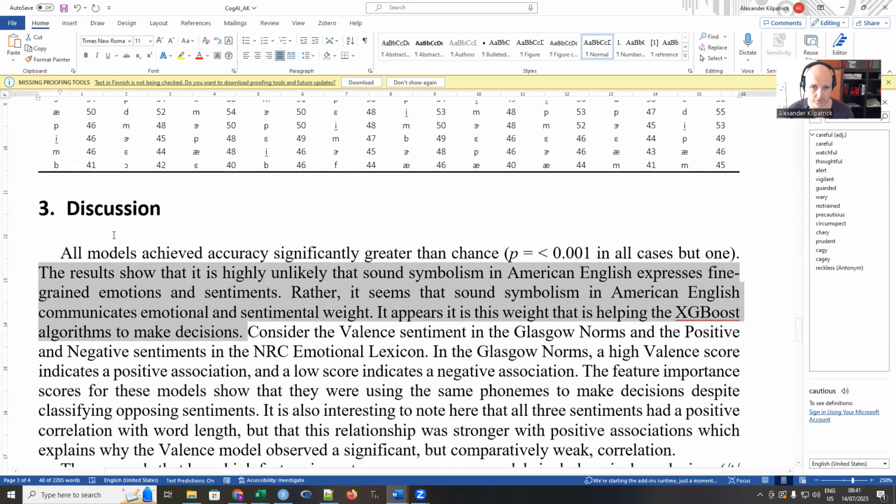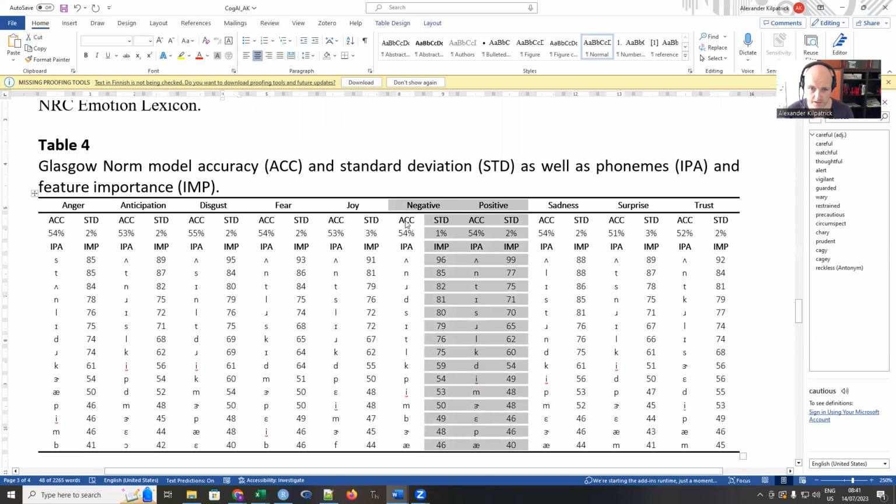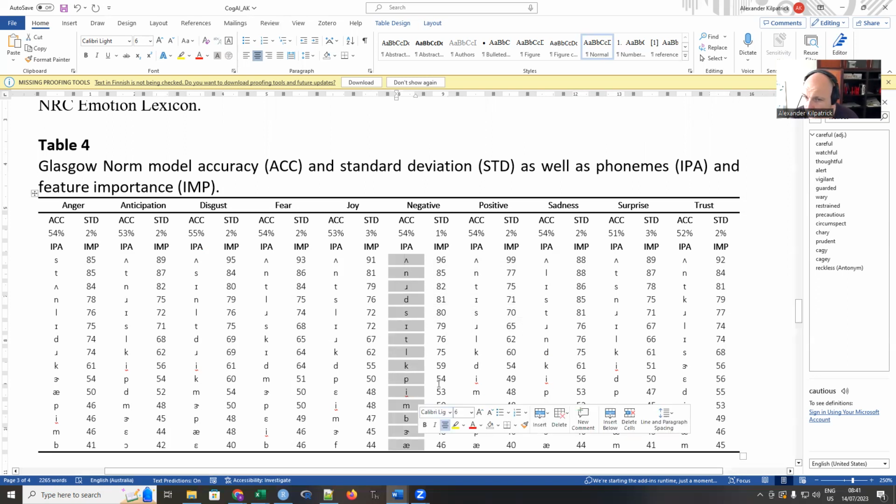So if we take a look at the positive and the negative in the NRC data set, we see a very, very similar distribution for the feature importance of these models, right? Even though they are reporting the same thing, there are more voiced plosives here, right?